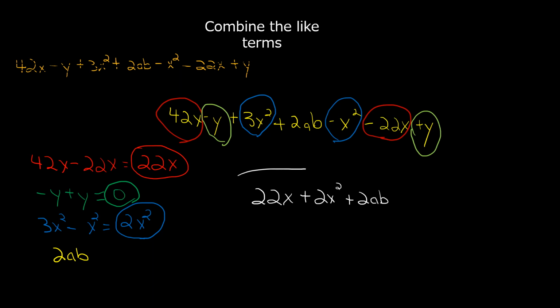And this is our official answer, unless otherwise they're asking you to factor out some things or break it down even more. But right now I'm just showing you how to combine the terms and evaluate what you have. We'll get into all that factoring and stuff like that at another time.